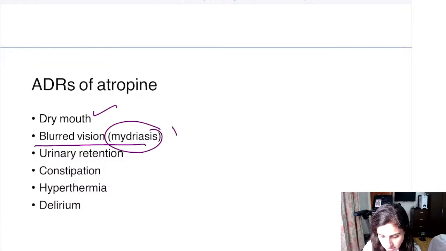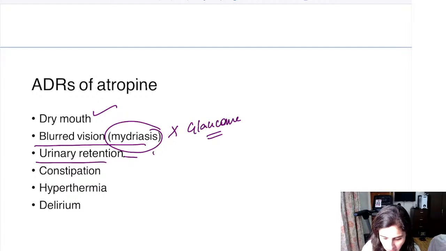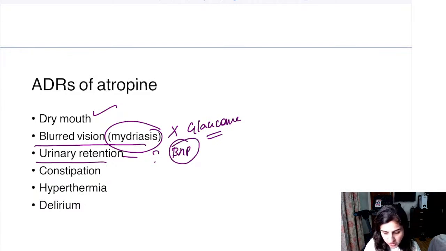So if there is narrow angle glaucoma, it is absolutely contraindicated. Any kind of drug which causes mydriasis should not be given in glaucoma patients. Urinary retention, so it should not be given in patients with benign hypertrophy of prostate. Constipation, as it decreases intestinal movements.